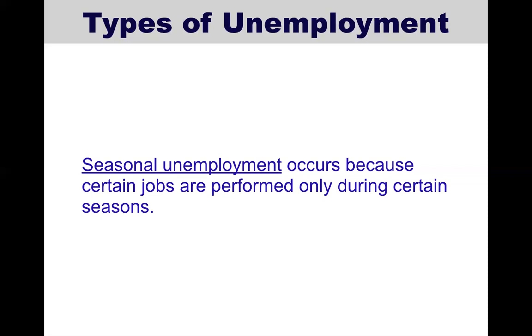Ski instructors will face the opposite. So in the winter, of course, ski instructors are employed, but during the summer, they're going to be unemployed. Ski instructors will be seasonally unemployed during the summer. So these are our basic types of unemployment in the economy.